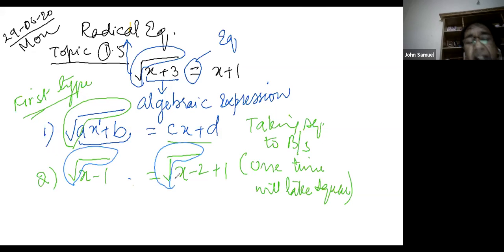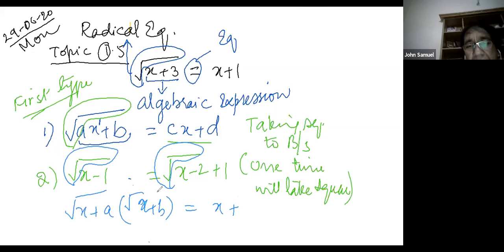So this is its second type. It could be like this: square root of x plus a, square root of x plus b is equal to x plus c under the radical sign.